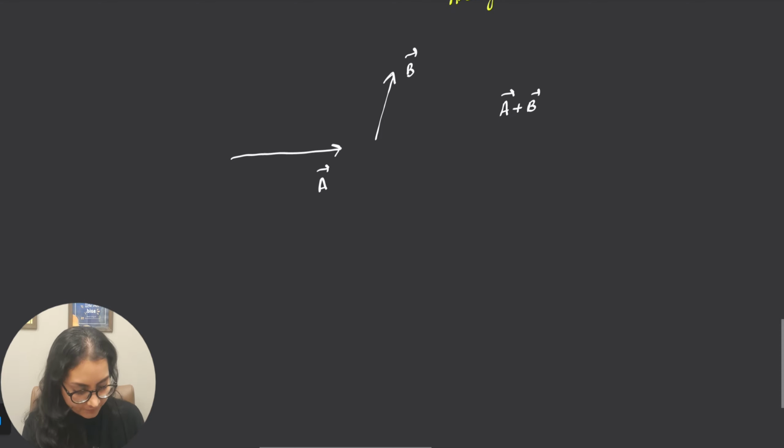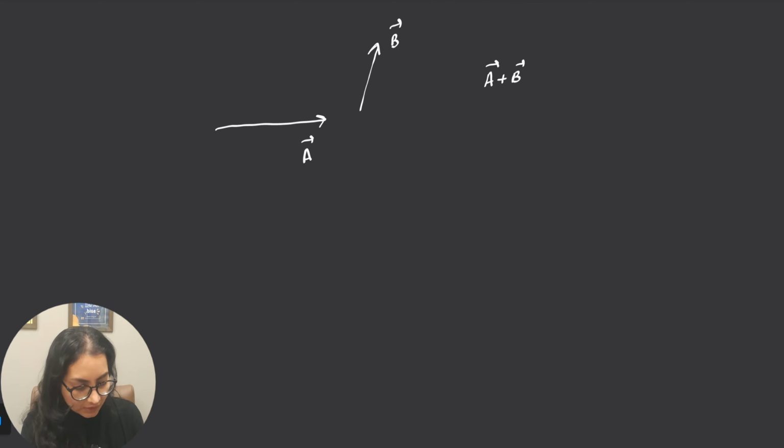What does the graphical method say? For example, I have two forces or two vectors, A and B. If I need to add A and B, I need to find A plus B. So simply draw the A vector, then draw the B vector on the head of A vector.